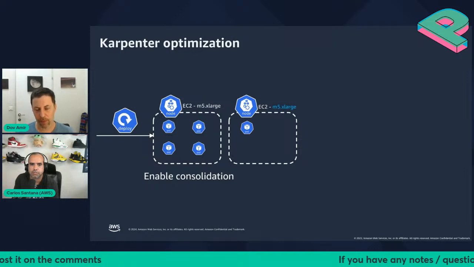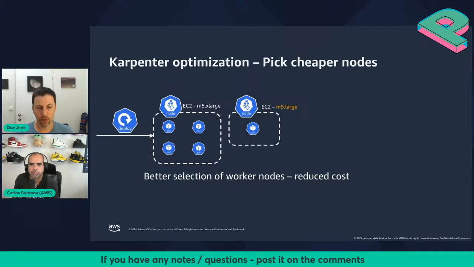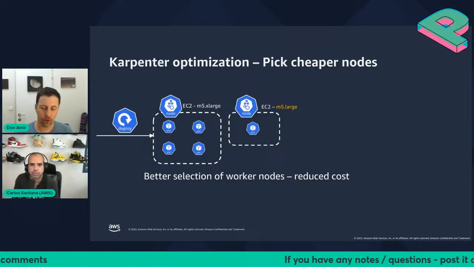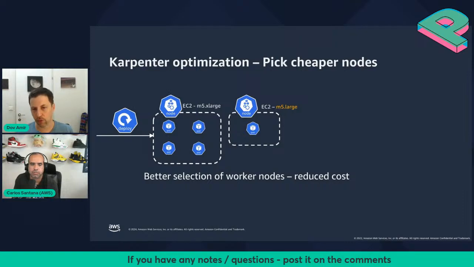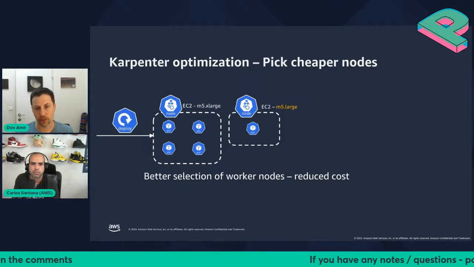In that case, Karpenter can spin up a small instance, maybe an instance with 2 CPU, move the pod to the smaller instance, and delete the large instance. So you're not stuck with a large instance, because after your cluster scales up and then scales down, you might get situations where you have large instances with 1 or 2 pods. So Karpenter will try to consolidate them, and it can also reduce the size of the instance.